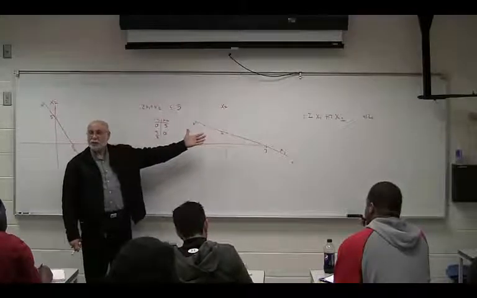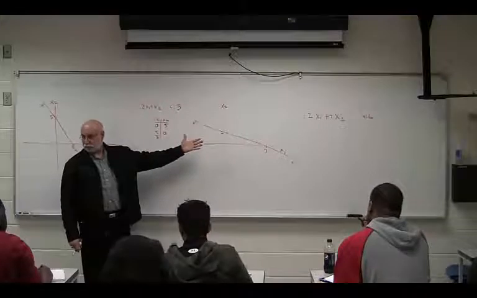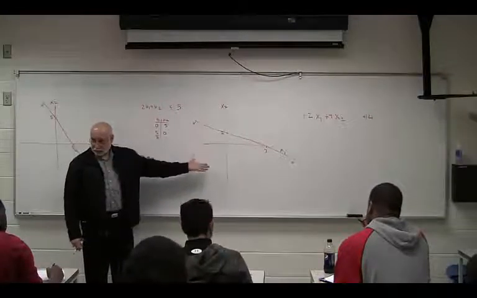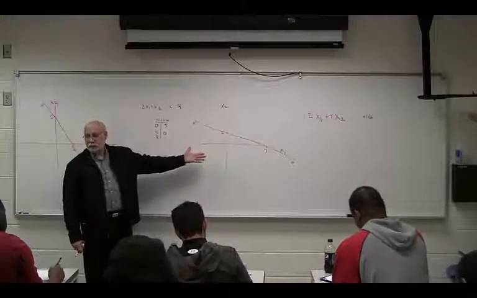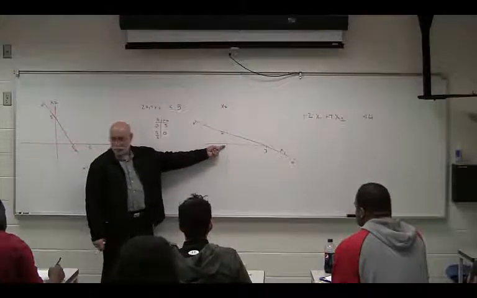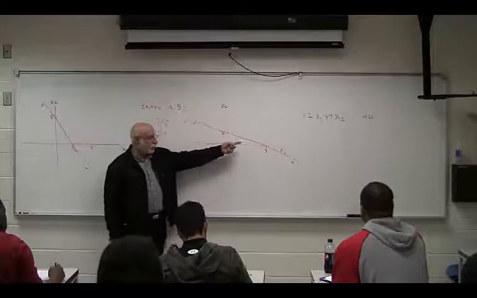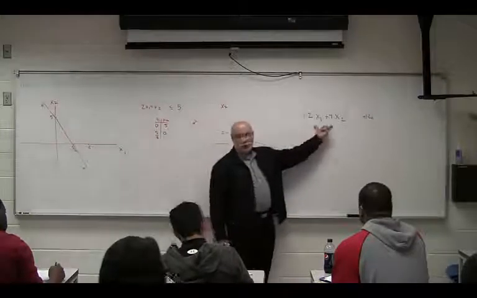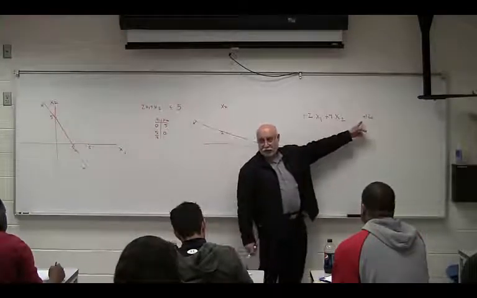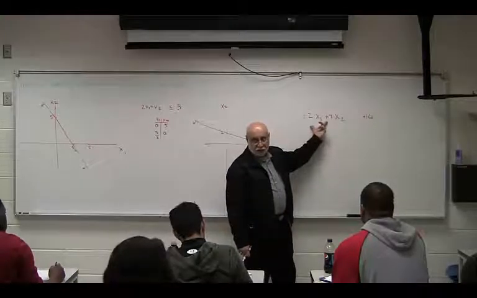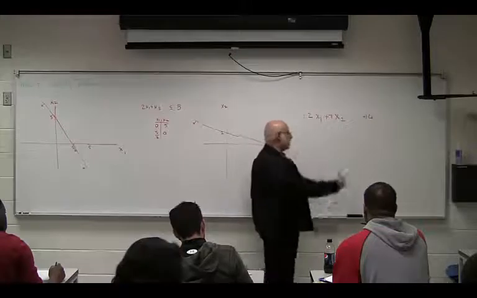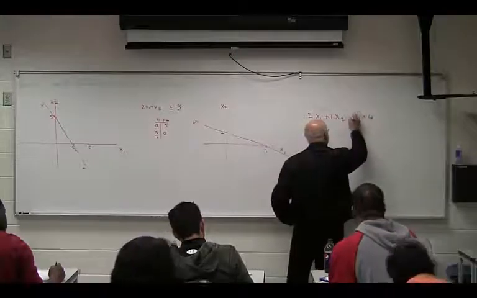If it is inside the solution space, that test has to be true. This is inside the solution space, so if I plug in 0, 0, it has to be true. 0, 0 is less than that.